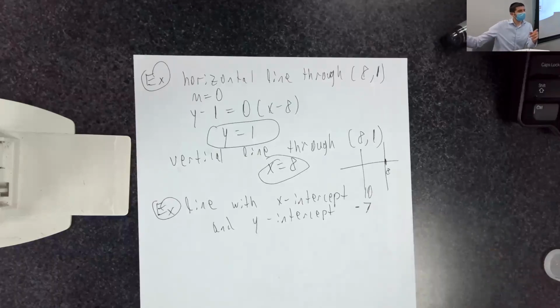So is there a question or answer? Answer. What's your name? Matthew. Let's see. Yeah, 2 Matthews. Matthew I. What 2 points did you get? So for the y-intercept, it would be (0, -7), and for the x, it would be (10, 0).